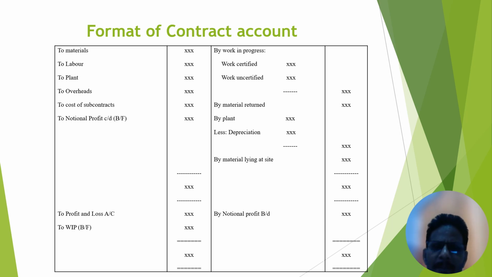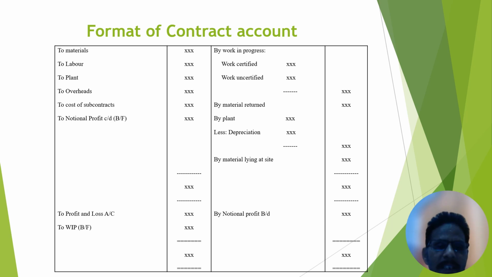If we have any material at site, we mention here material at site. And after this exercise we have to find out debit balance and credit balance. For totaling or calculation, if we have a balance in the credit side, it is our notional profit.